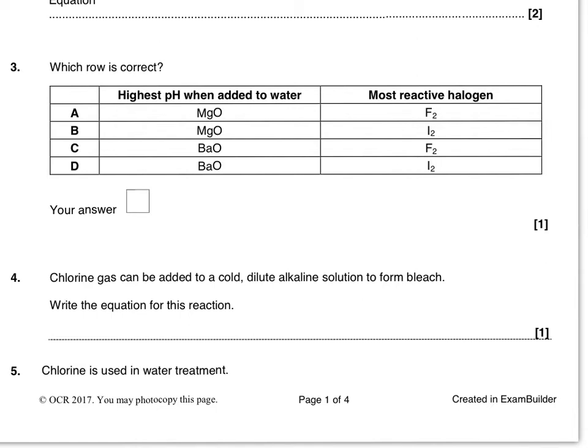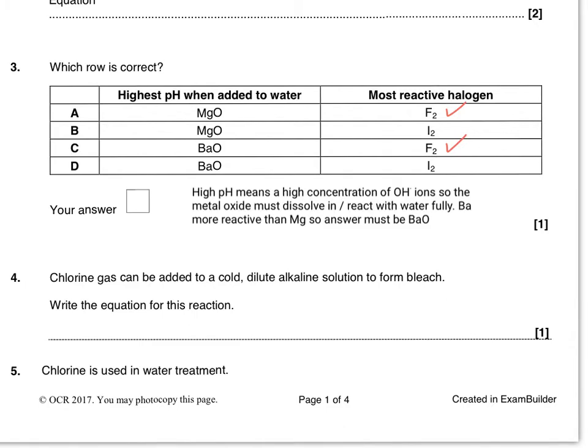Each row has 2 separate strands to consider: highest pH versus reactive halogen, with both parts having to be correct. We know that fluorine is the most reactive halogen, so now we need to decide which one has the highest pH when added to water. A high pH means you've got a high concentration of OH minus ions.